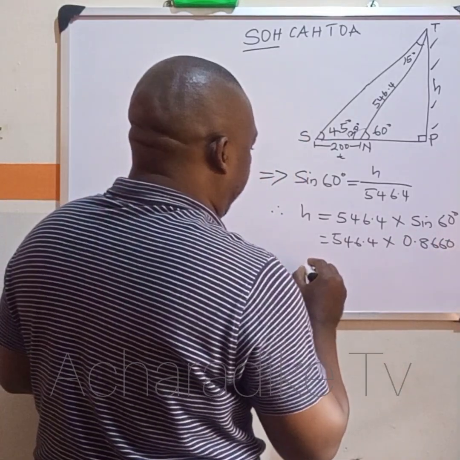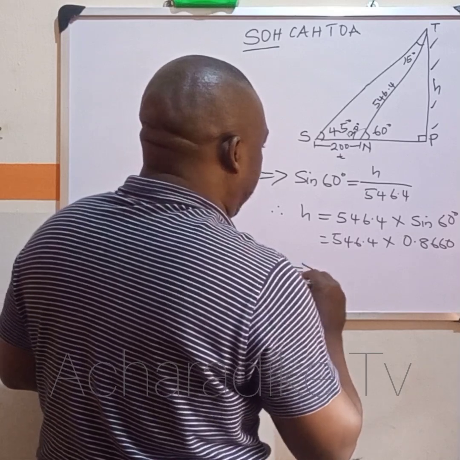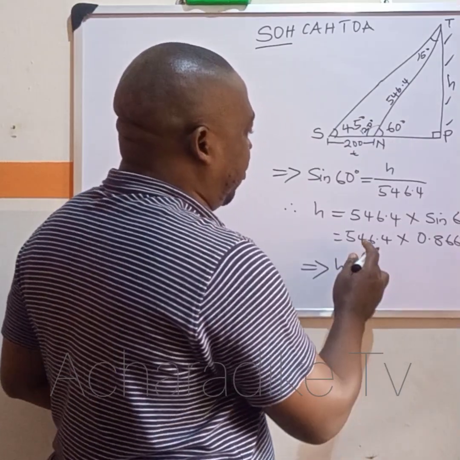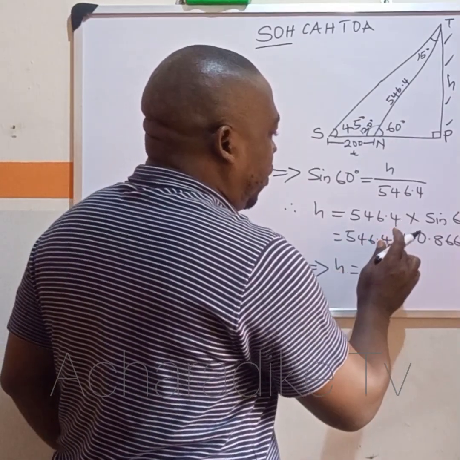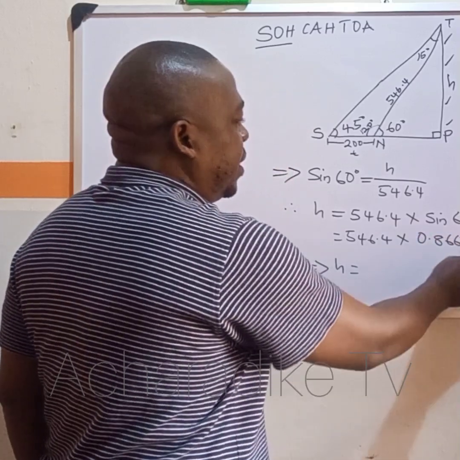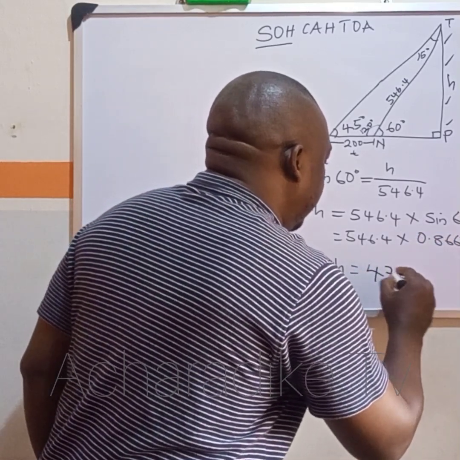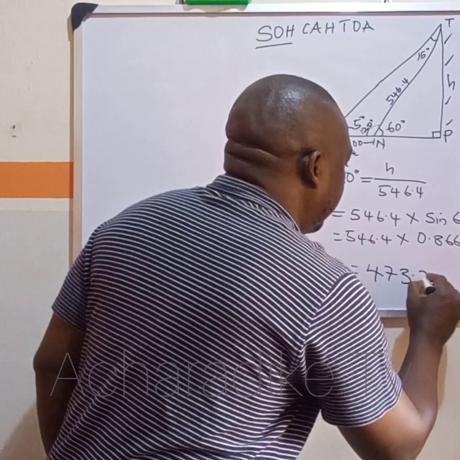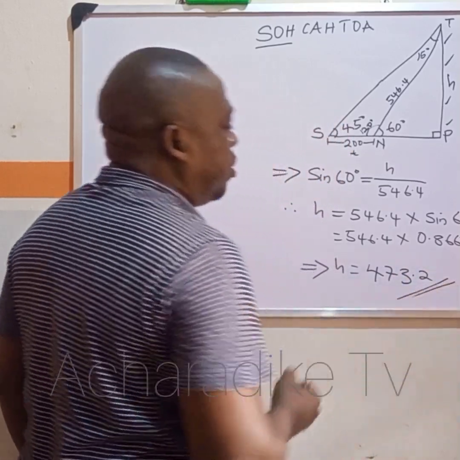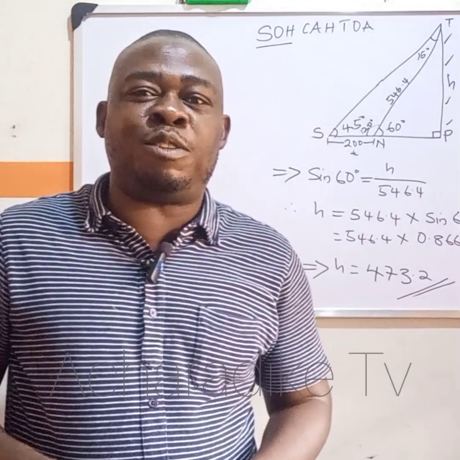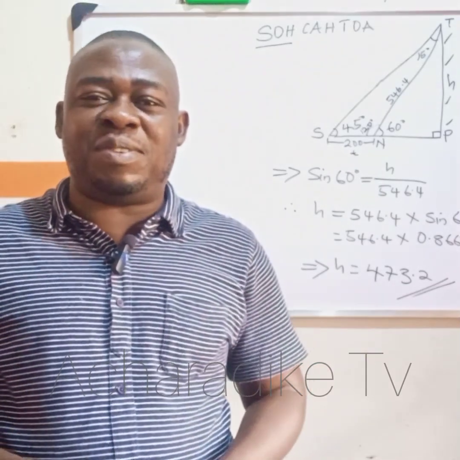So by the time you punch it, this implies that h, which we are looking for, is 546.4 times 0.8660, which will give us 473.2, approximately 473. So I hope you get it now.